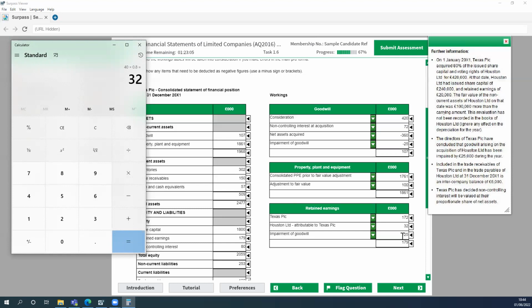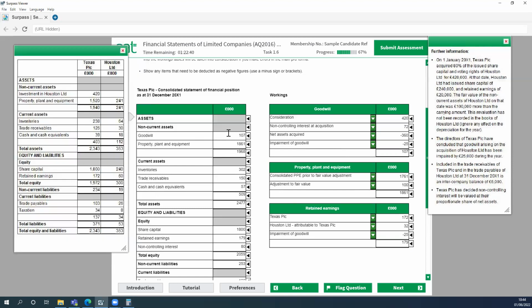As far as goodwill impairment is concerned, we credit the goodwill, because goodwill is an asset, isn't it? Therefore, we also debit the retained earnings to reduce it. So 172 plus 32 minus the impairment is 179.